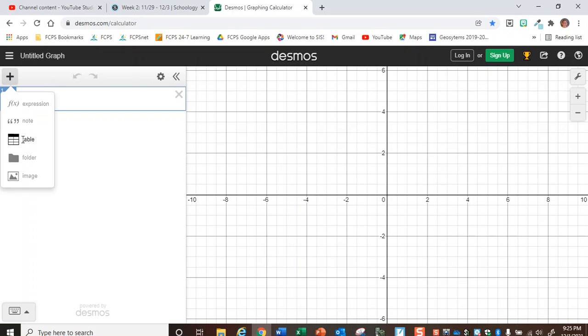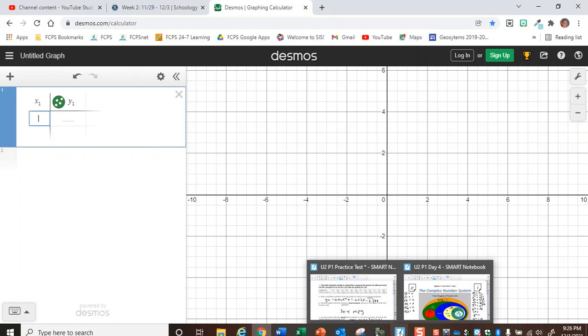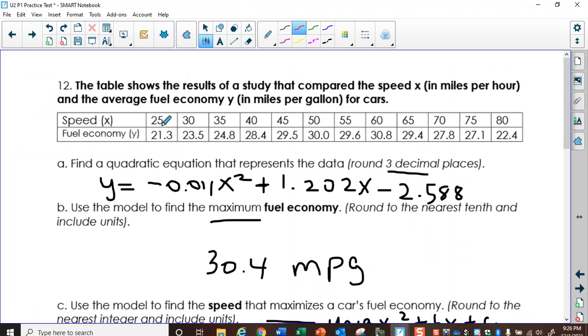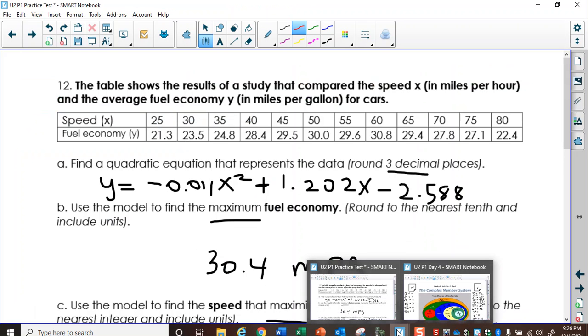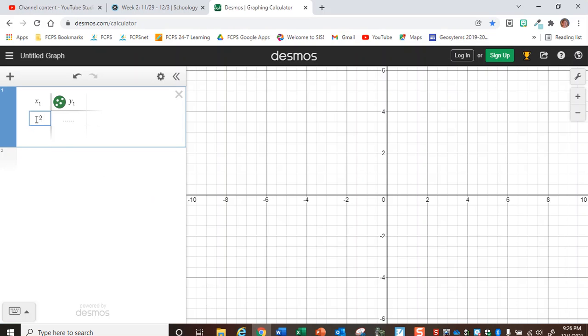So you go plus, and then the table, and you enter in all the numbers. All right, so I've got 25, 30, 35, 40. I'm going to enter those in. Okay, 25, 30, and so on. You enter those in, and you enter in all the y values.